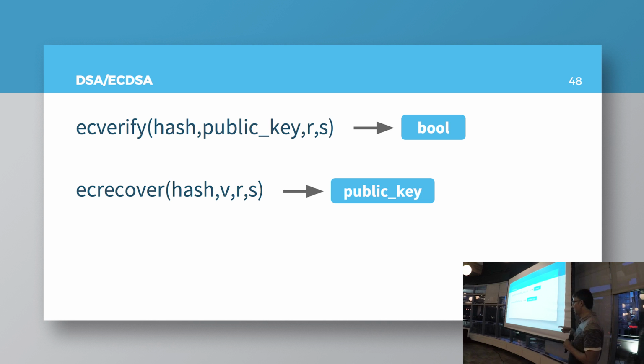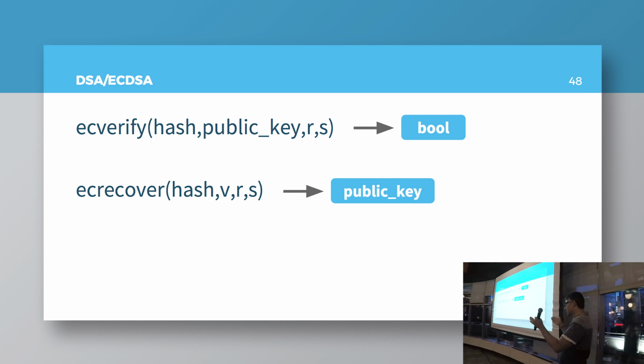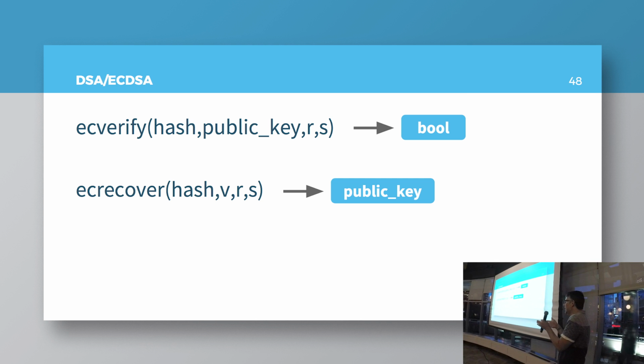And since hash is built on private key cryptography, we can take a long transaction and compress it down to 32 bytes, and we can get the same benefits from signing with the public key, but with a smaller piece of data. So you use both. You use the private key cryptography, the block cipher, to hash down the number to something small, and then you use public key cryptography to sign it.